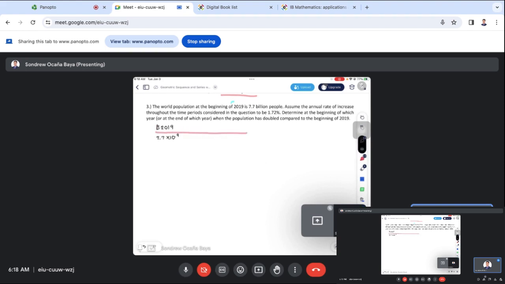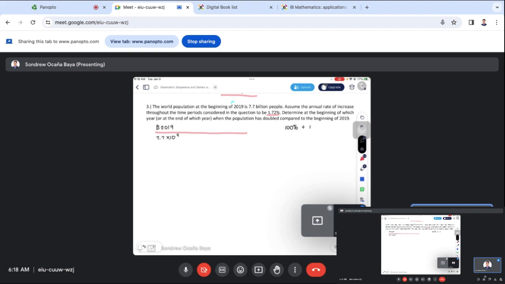And then it's also mentioned that the increase throughout the time period is 1.72%. So if you try to recall the previous items, the rate is not just 1.72, but it's actually 100% original, and this original has been increased by 1.72%, which gives us a total of 101.72%.